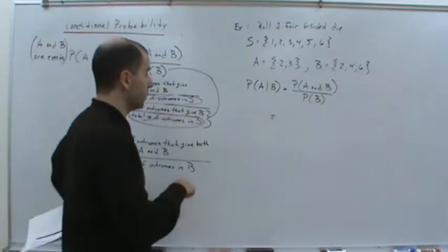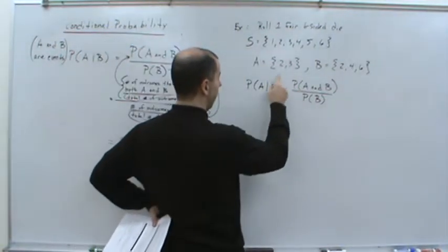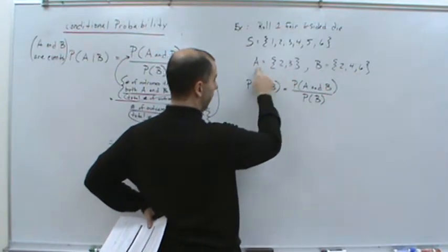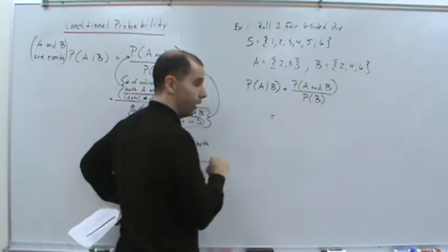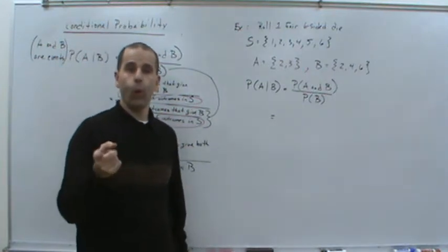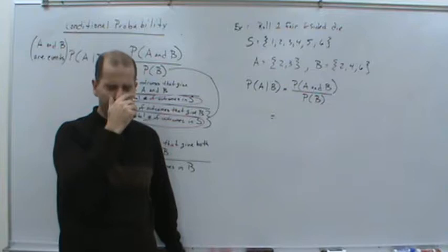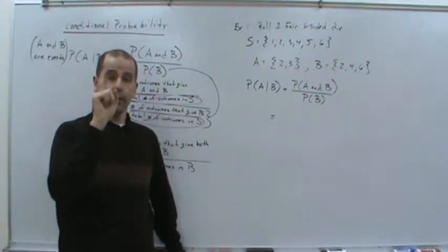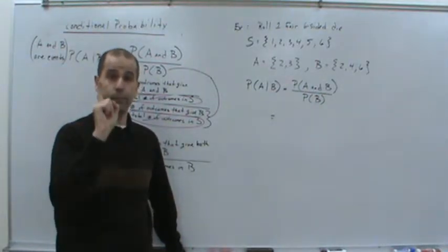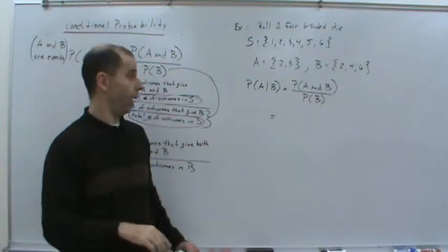How many outcomes, if they occur, will give me both A and B?